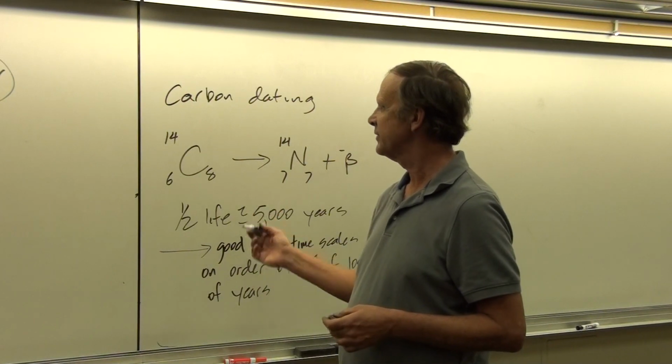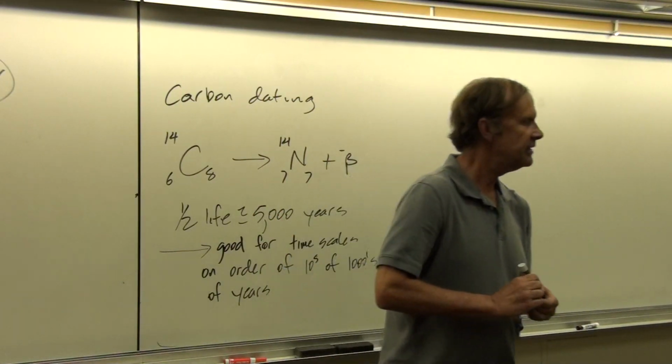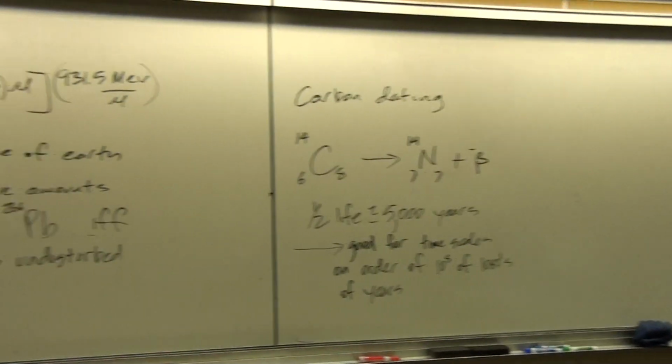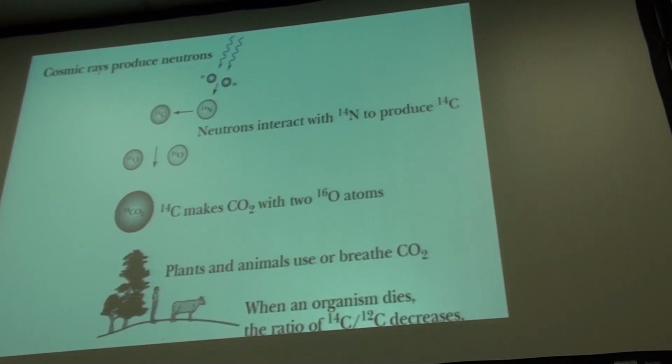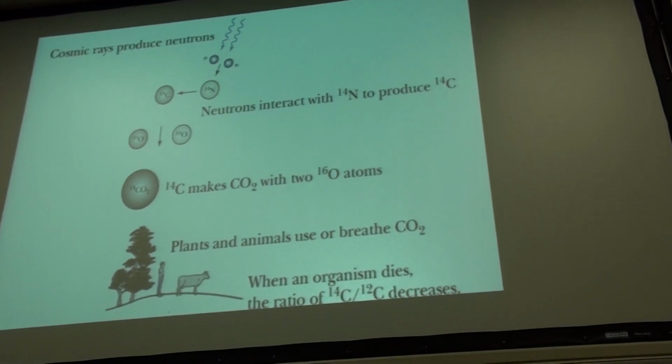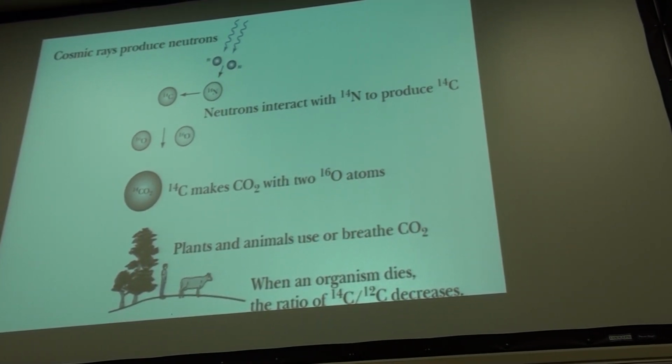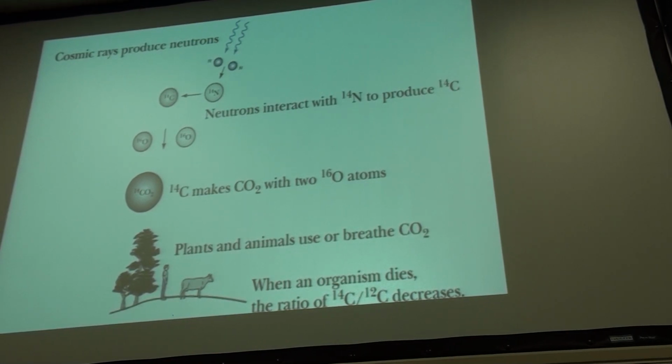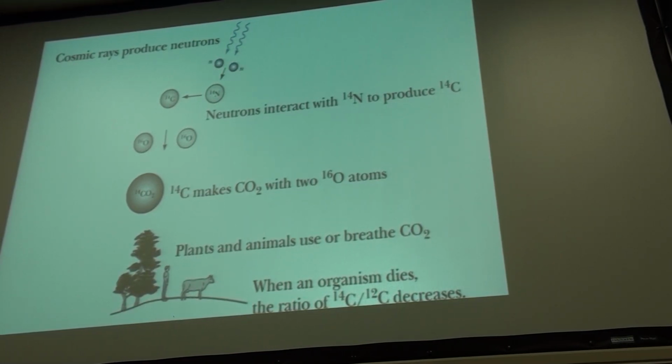Now, how do we get carbon-14? Well, carbon-14 comes from the sun blasting and adding neutrons to nitrogen atoms in the upper atmosphere.